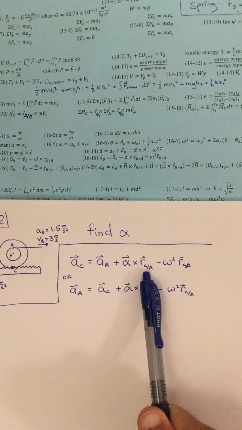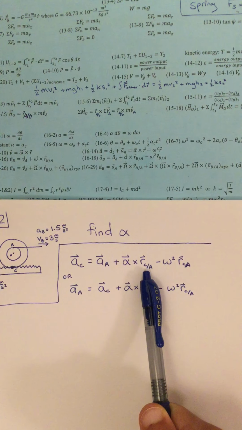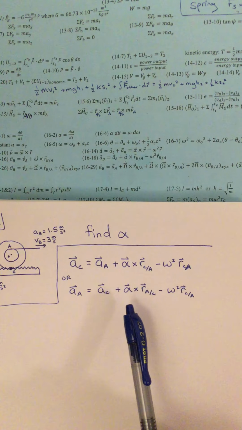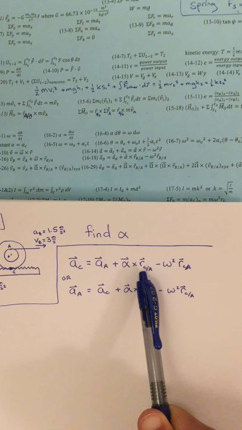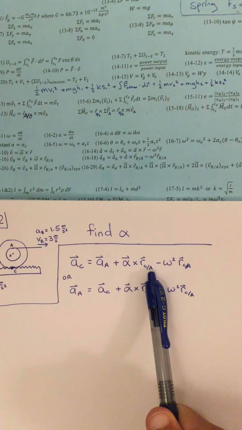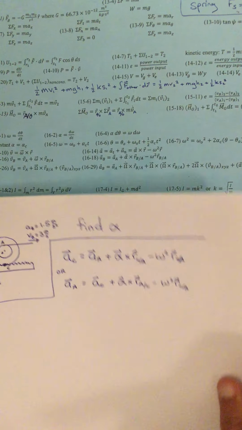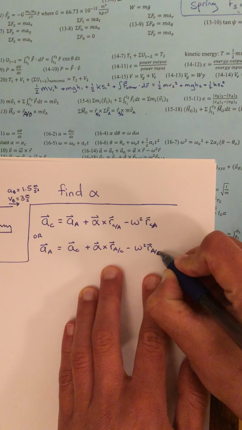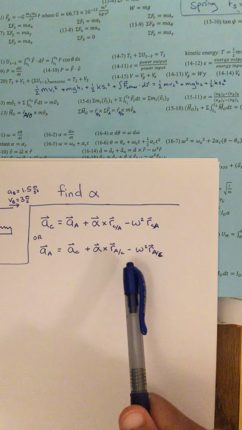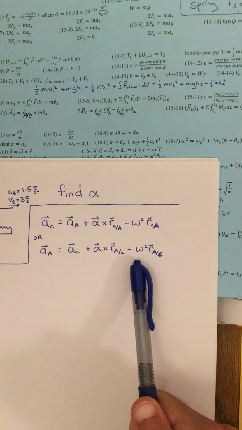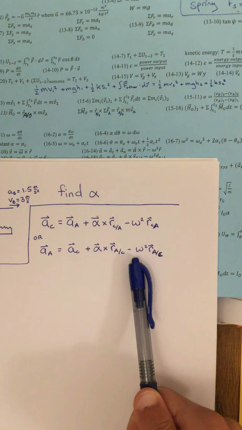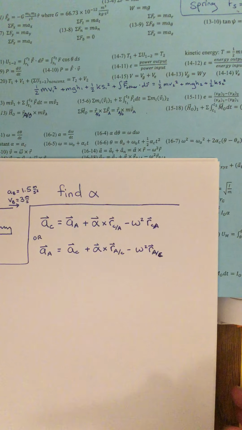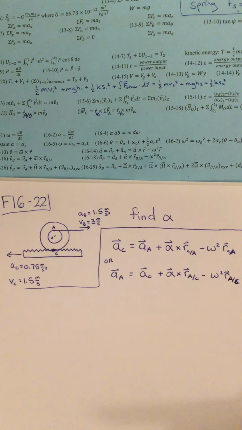However, for the position vector here, the signs would be opposite as well, because here you're going from point C to point A, and in this equation, this should be to point A from point C. So the equations are the same, except the signs would change in each term. So you can do it either way.